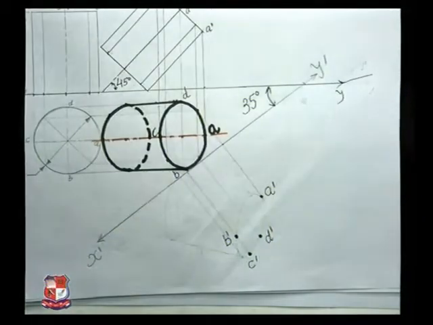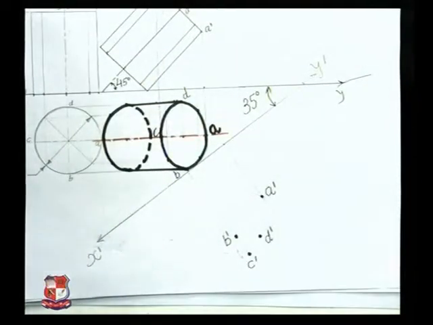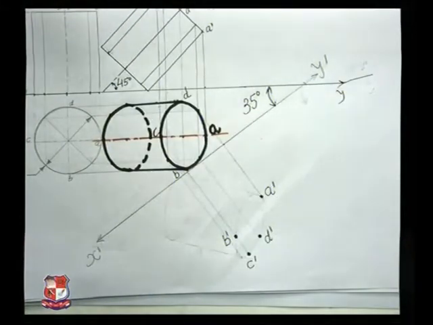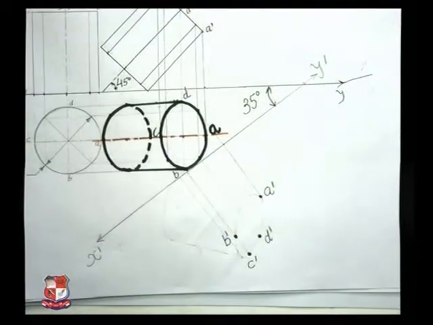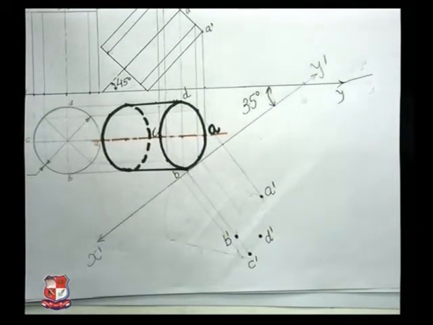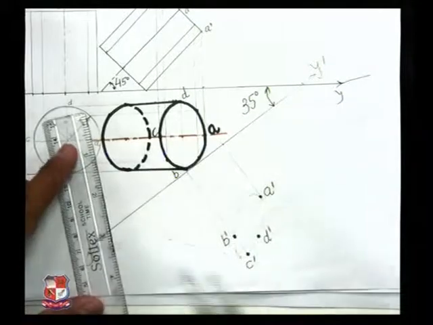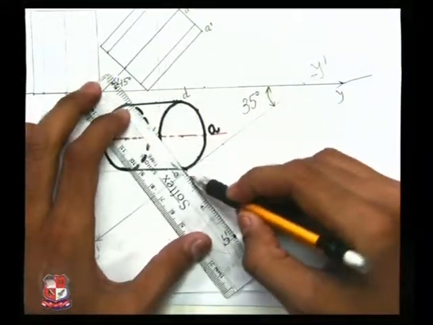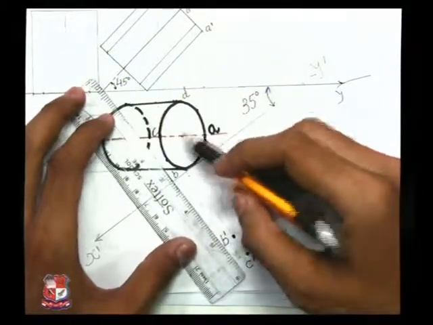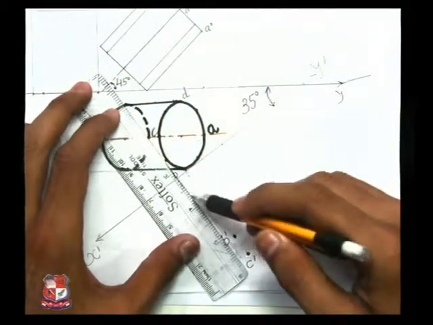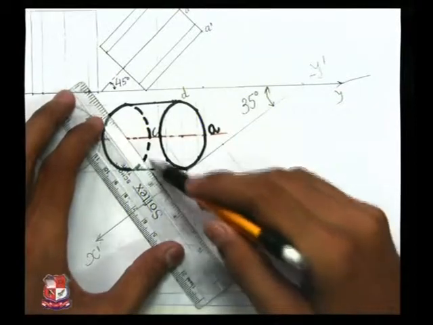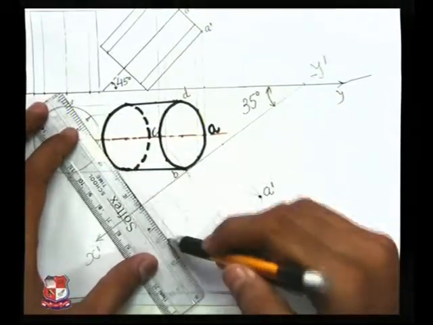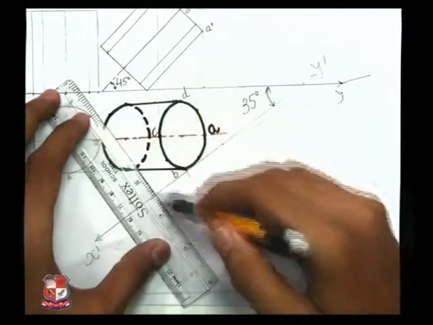And again, if you look from this direction, this face would not be fully visible, hence outside line would be full, and inside line would be dotted. Similarly, in bottom circular portion, for that also project the points like this, draw lines such that it becomes perpendicular to the reference line, and measure the distance of all these points from front view and find out points of intersection, and the points would be like this.